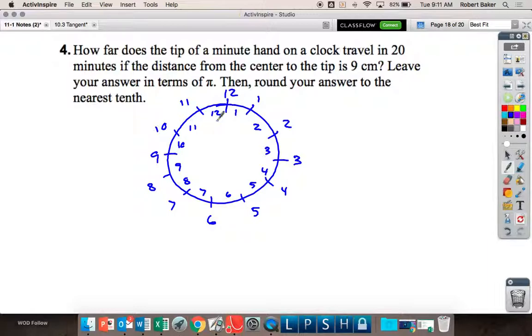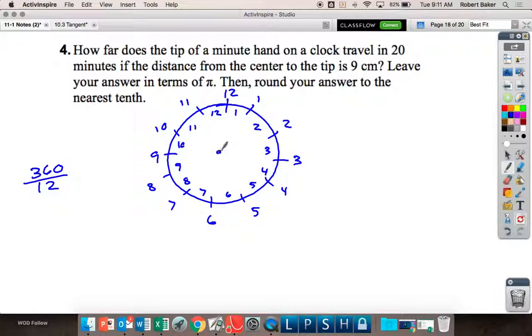They all have to be equal distances. So, if I have 12 chunks, how big is each chunk? How many degrees are in a circle? Divided by 12 equal chunks. So each chunk is 30 degrees.